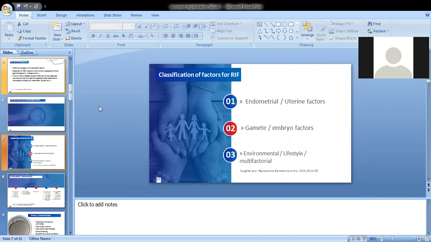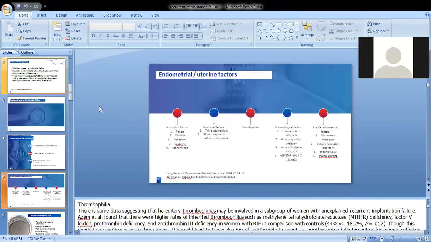If you look at the literature, in 30 to 50% of cases it may be due to embryo quality or embryo factors, and other cases it may be predominantly uterine or endometrial factors, and there can be some other environmental factors, lifestyle factors or multifactorial etiology for recurrent implantation failure. But the two most important factors are of course the embryo factors and endometrial or uterine factors.